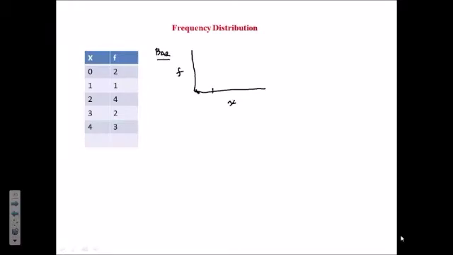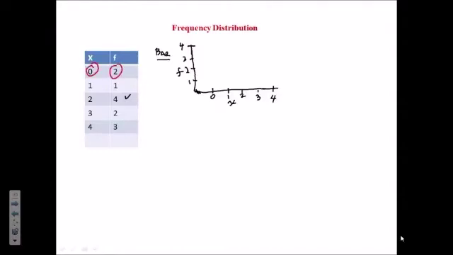Let me make a break here and put 0, 1, 2, 3, 4. And then the frequencies are going up to 4, so I'll put 4 here, 2, 3, and 1. And now we would plot these points.